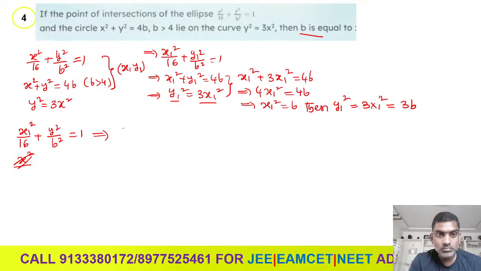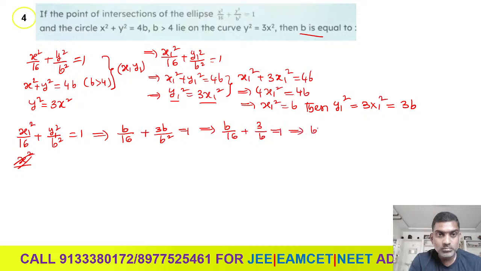The x1 square value is b, so b divided by 16 plus y1 square. What is y1 square here? y1 square is 3b. 3b divided by b square is equal to 1. This implies b divided by 16 plus 3 divided by b is equal to 1.